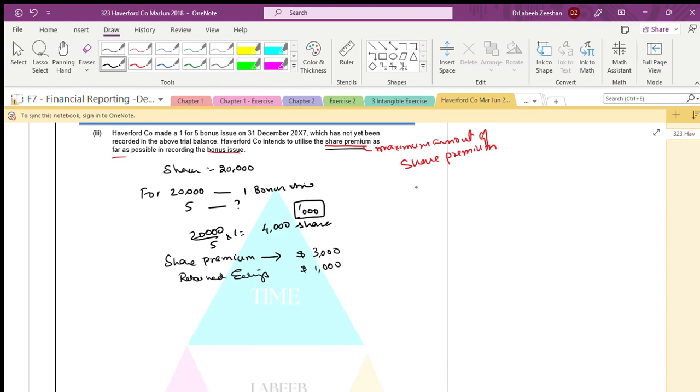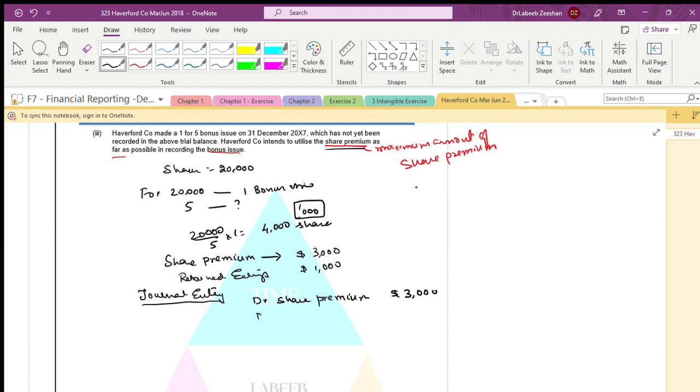Next, what we have to do is write a general entry. We are writing off share premium. Share premium is a credit balance. In order to cancel it, we have to debit the share premium account. How much? 3 million.